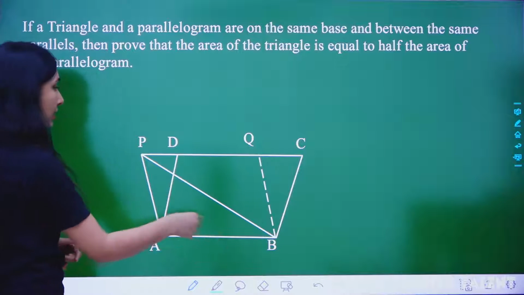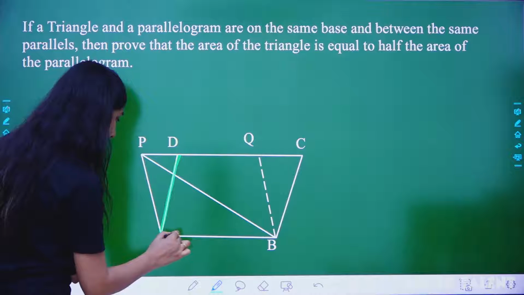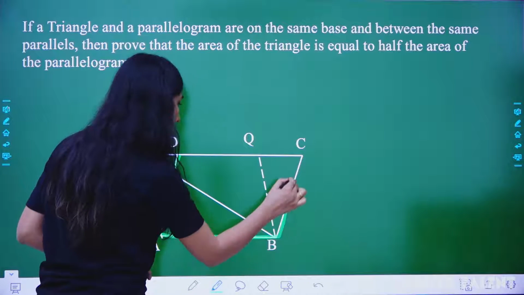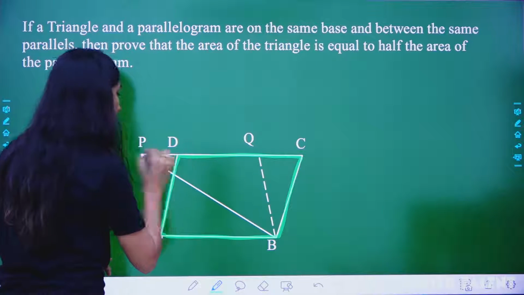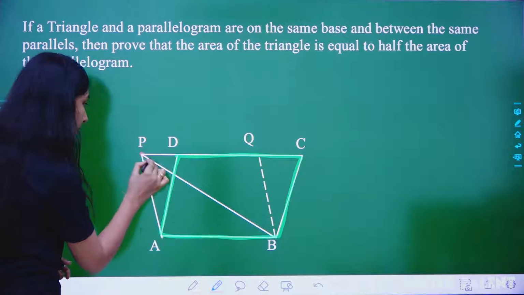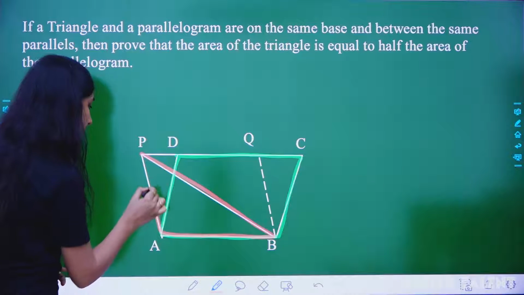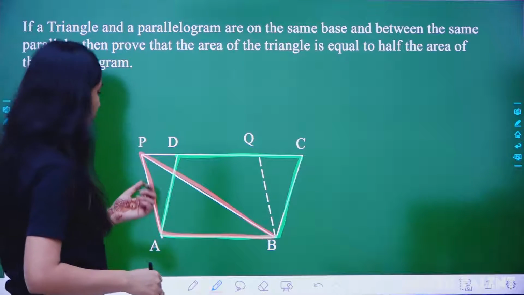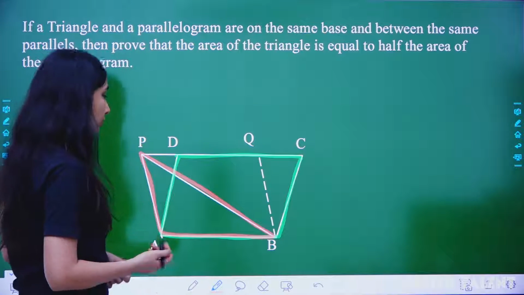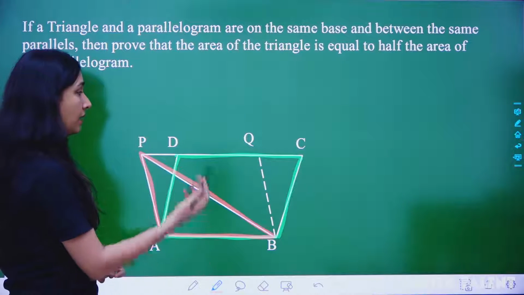So we have this parallelogram ABCD here, and we have this triangle PAB here. We have to prove that area PAB is equal to half of area ABCD.